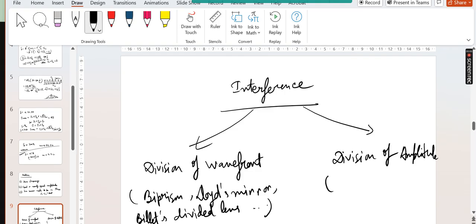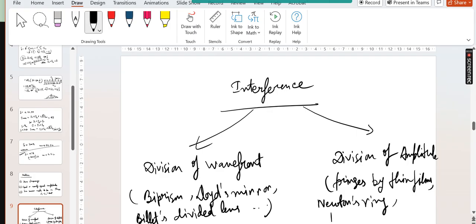For division of amplitude, the examples are fringes by thin films, Newton's rings, Michelson's interferometer, the Fabry-Perot interferometer, and so on and so forth.